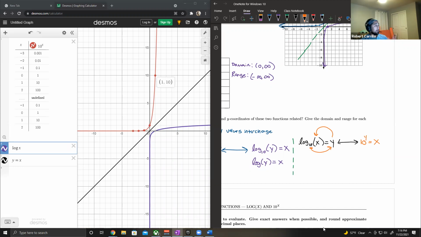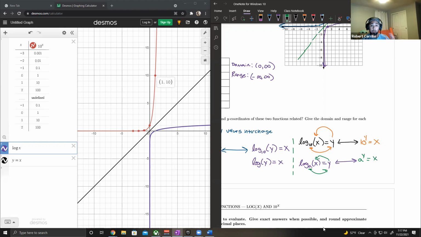And this will work for any log base. So to do one more example, let's say we have log base a of x equal to y. Then when you convert this, you will get a raised to the y set equal to x.